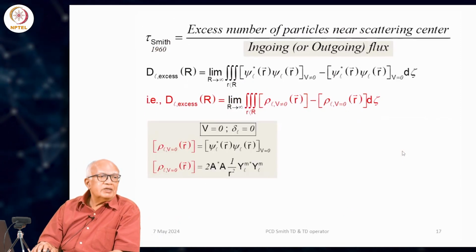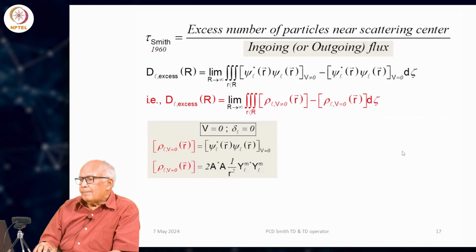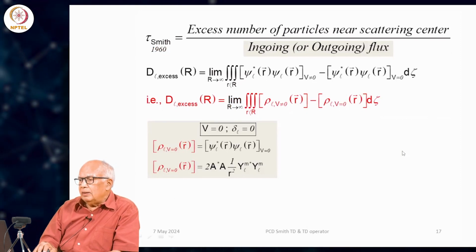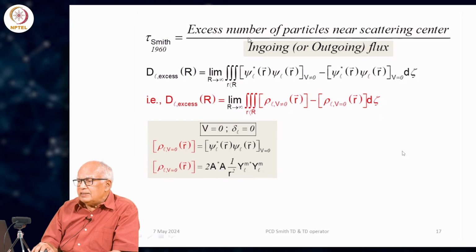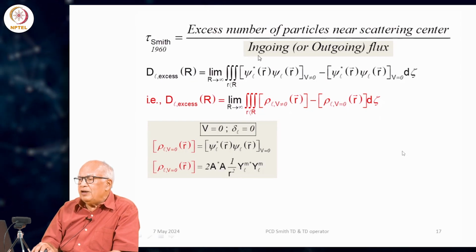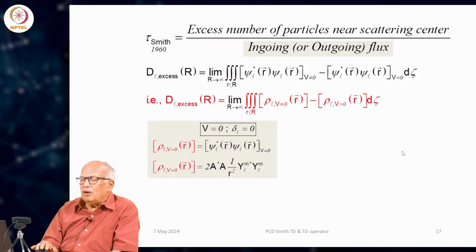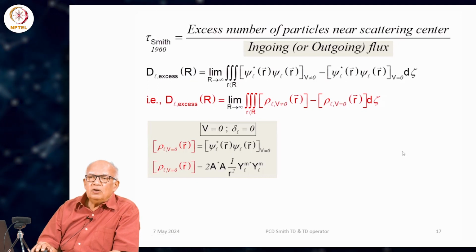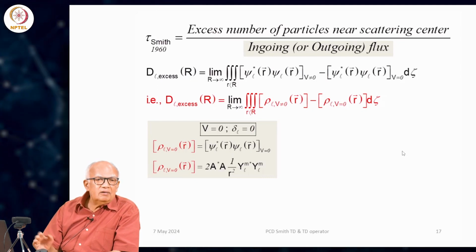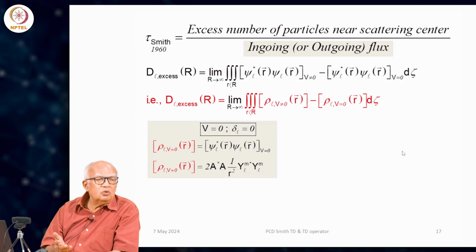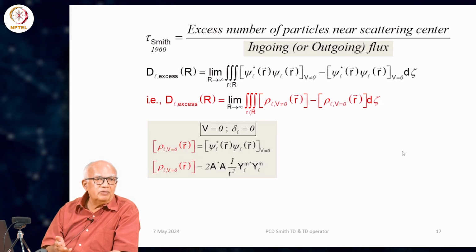analysis, but very interesting. So, we have to get this excess density divided by the ingoing flux. We can also divide it by the outgoing flux, because no particles are created or destroyed. So, it is going to be the same. It does not matter which one you use.